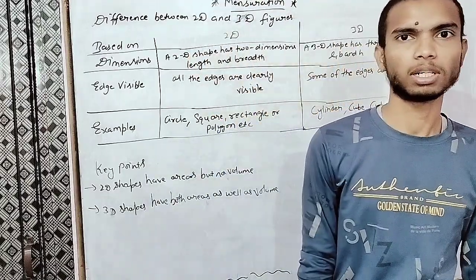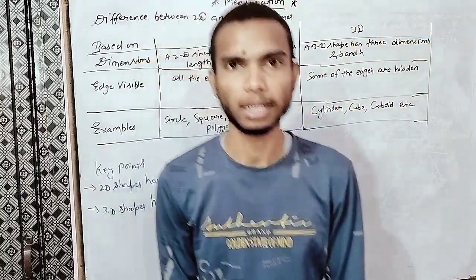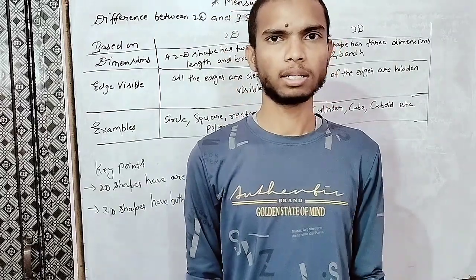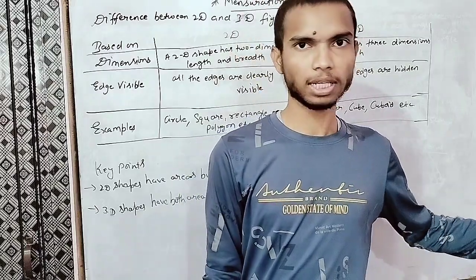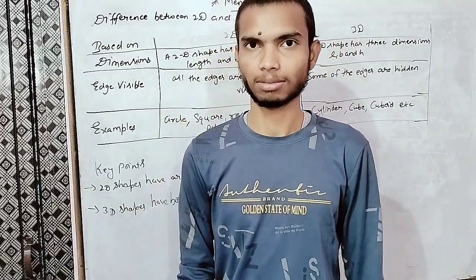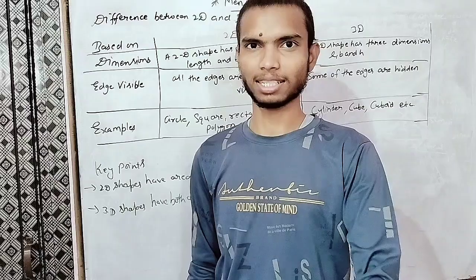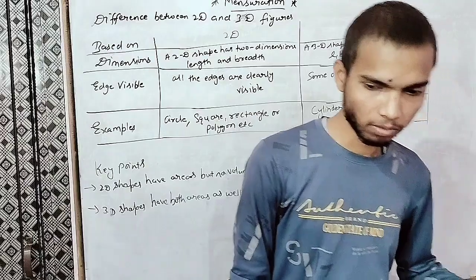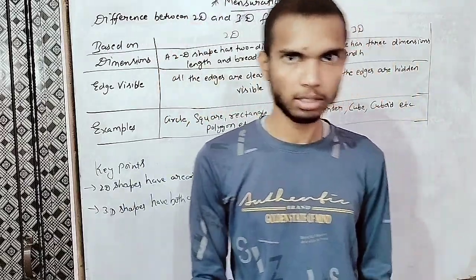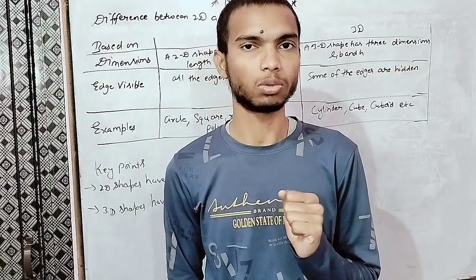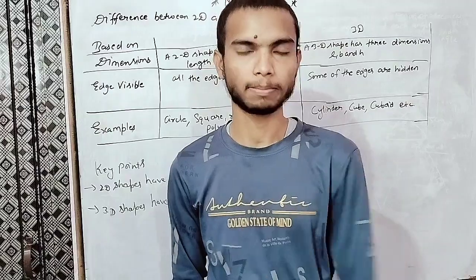I can move like that, and I can move like that. So you can also say the object can move along the x-axis and the y-axis. This is the exact meaning of 2D.